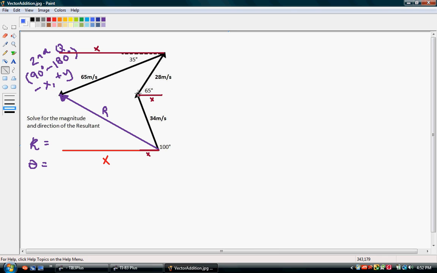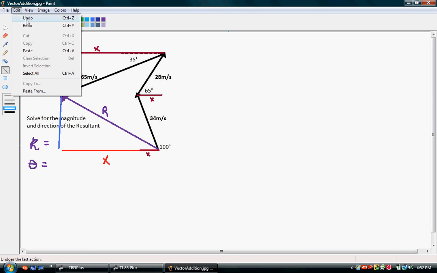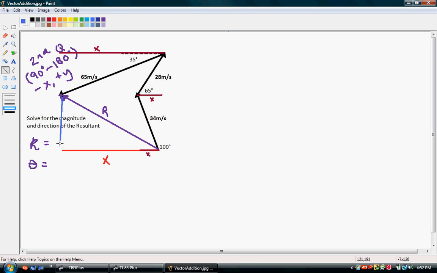Alright, and then we have our y displacement. We want to know how far up did we go here. Redraw that line so it's a little bit cleaner. Okay. When we do this, we have a nice right triangle, and we can figure out, using our x and our y in the Pythagorean theorem, what our r is.